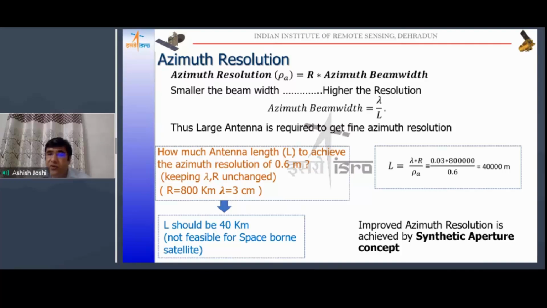The improved azimuth resolution is achieved by the synthetic aperture concept. In range resolution we used the pulse compression technique, and in azimuth resolution we are using the synthetic aperture concept. So now the radar is converting to SAR.